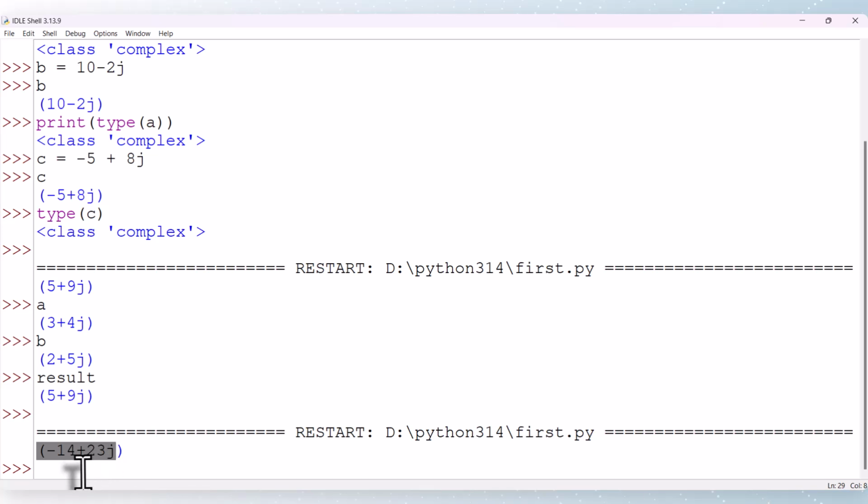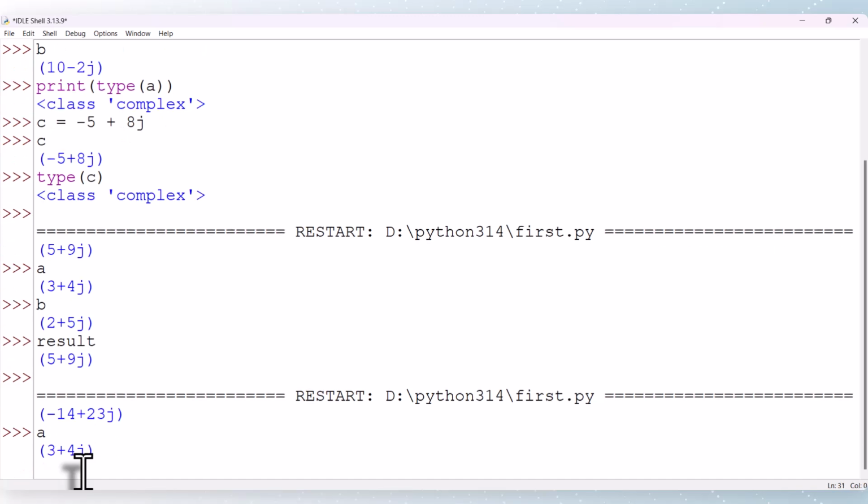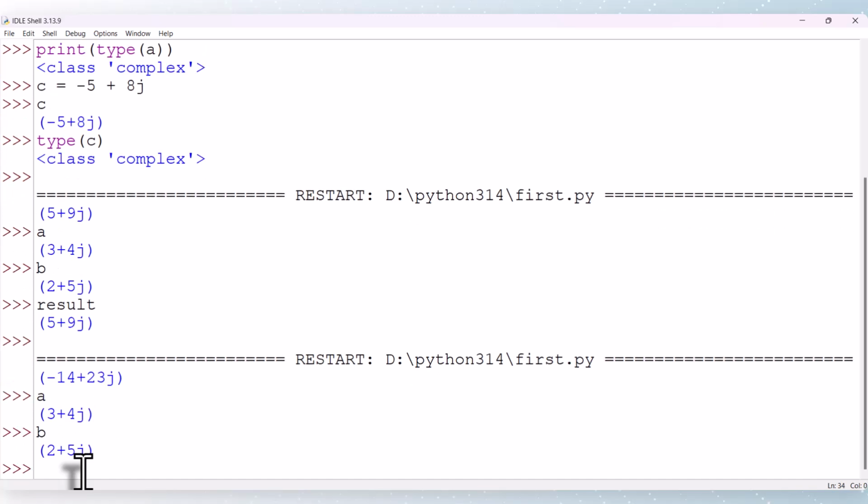How we get this is completely based upon the multiplication. a is 3 plus 4j and b is 2 plus 5j. Now you might expect 3 multiplied by 2, that is 6, and 4 multiplied by 5, that is 20. Some of the students will expect this, but it is not like that. So how we get it, I will explain with a small example at the end of this lesson.